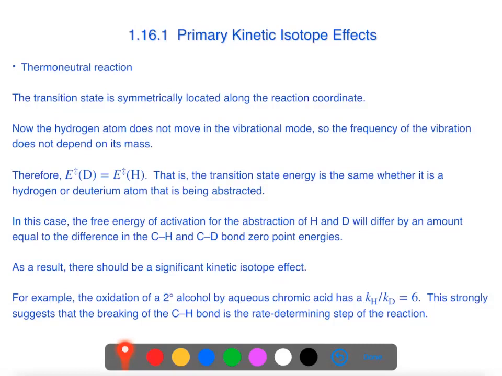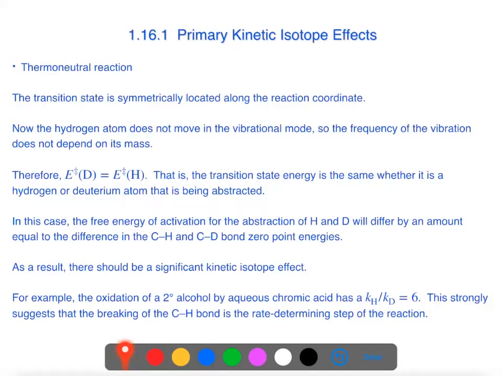In this case, the free energy of activation for the abstraction of hydrogen and deuterium will differ by an amount equal to the difference in the CH and CD bond zero-point energies. As a result, there should be a significant kinetic isotope effect.